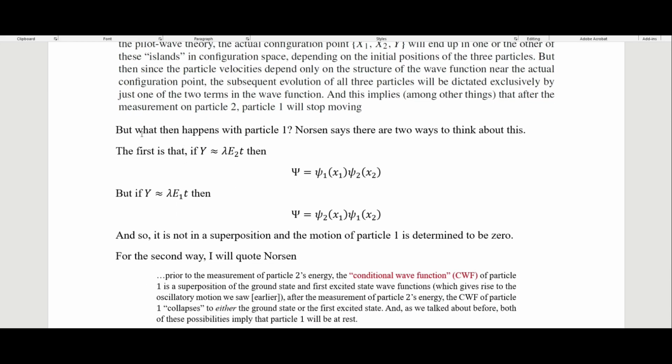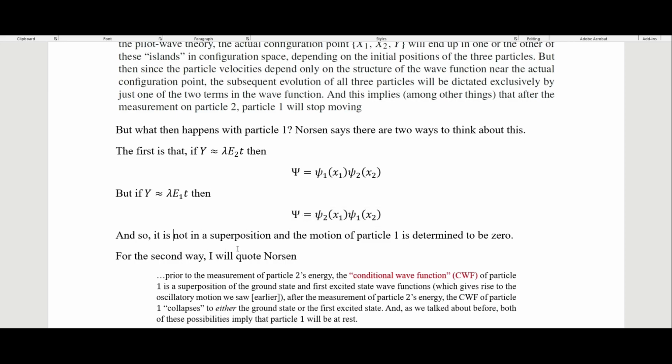And that's kind of what he says here. So Norsen says there are two ways to think about this. The first is that if y is equal to the energy 2 here, then we get this term. Remember, there were two terms in our wave function, and it will become this one right here. But if we get the energy 1 in our y, then it will be this one right here.